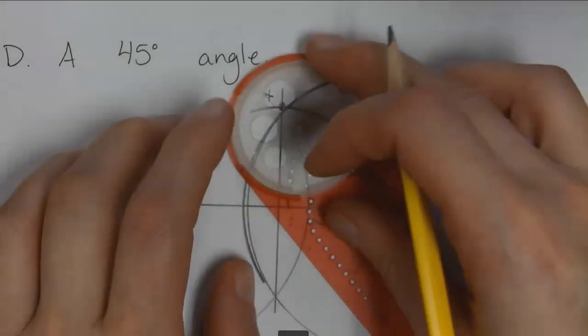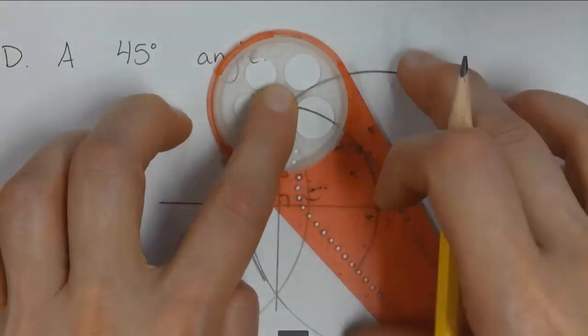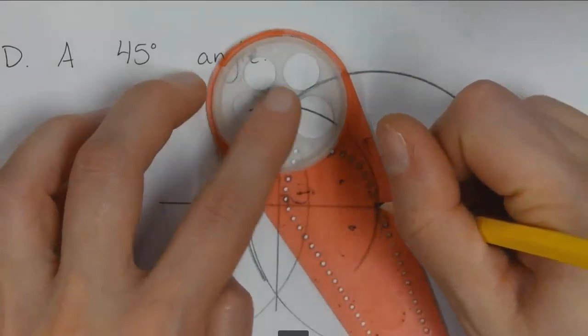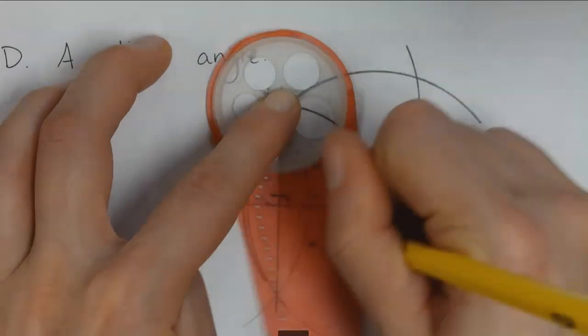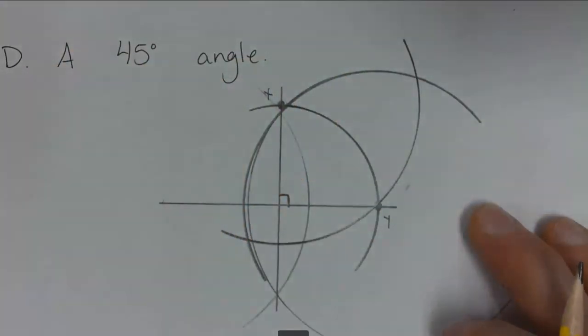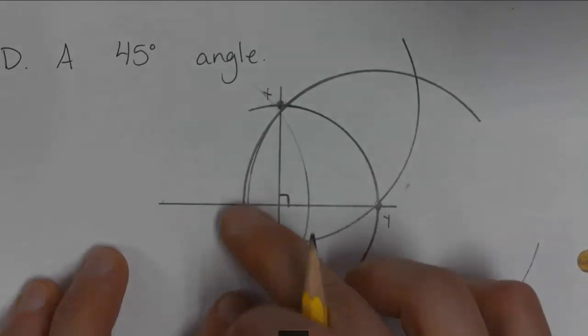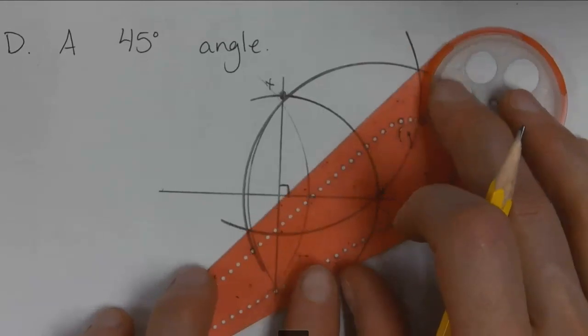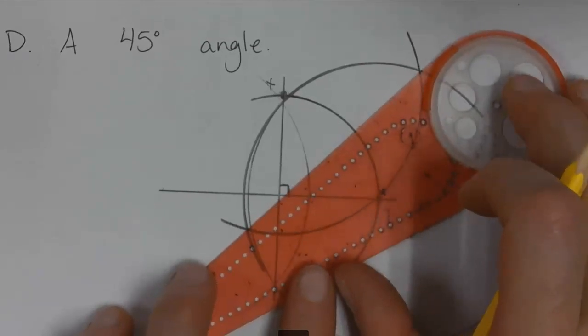Then I'm going to do the same thing with X to Y. And again, just making it a little bit darker just because there are a lot of circles going on. With these 2 circles I've just drawn, these slightly darker ones, I'm going to connect my intersection points.